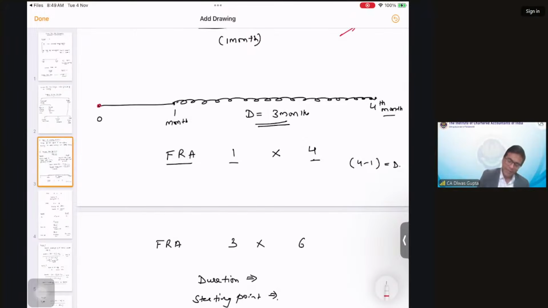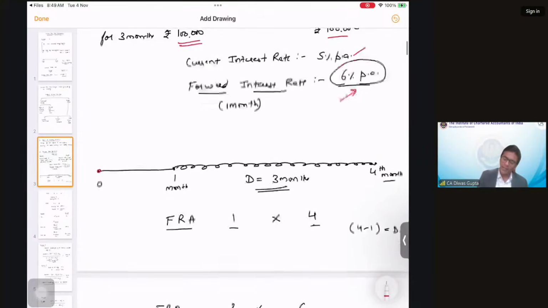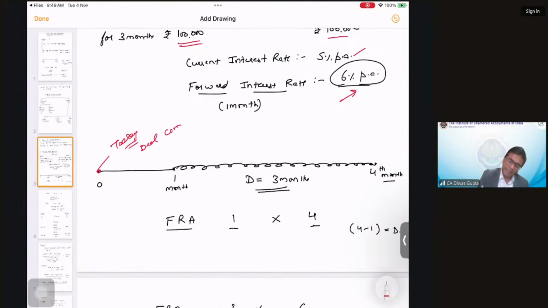Clear? So for example, we are sitting on 0. Today the deal will get committed. Deal commitment is happening today. Deal execution will happen here. After the deal is executed, for 3 months the deal will be operational, and after the fourth month the deal will be over.